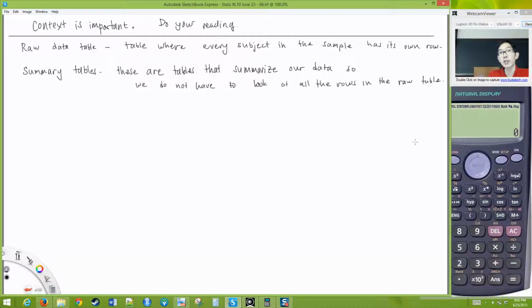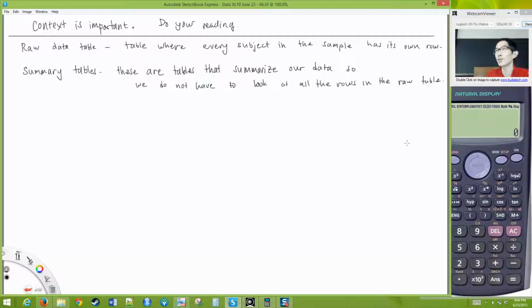But just like anything else in life, a summary tries to capture what's important, but that also means you lose detail, right? You read Cliff Notes, so you don't have to read the full book. It tries to capture what's important in the story, but you're going to lose some of the detail. Okay?